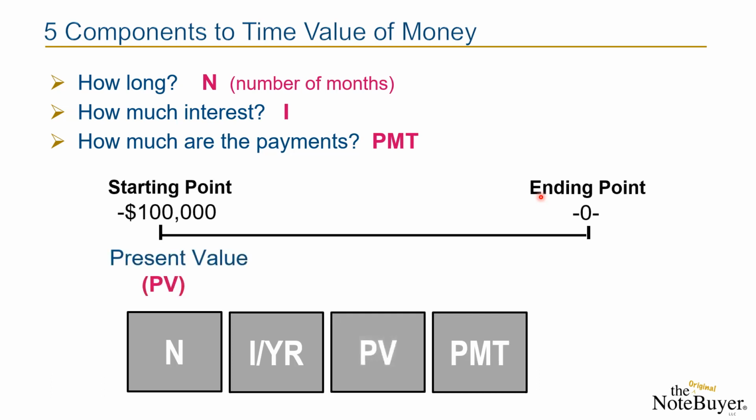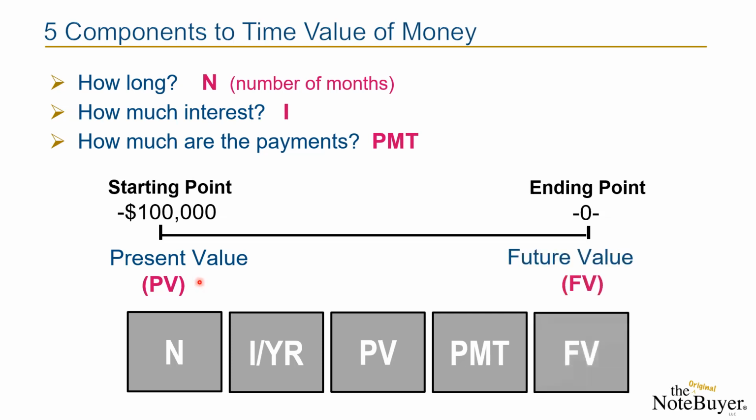Then we want to look at PV. PV is the present value. I like to think of it as the starting point. So if you are lending somebody money, PV would be the initial amount of the loan. So for example, $100,000. The last component is the future value. And basically, that's just the end of the loan.